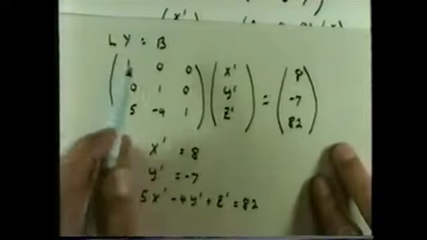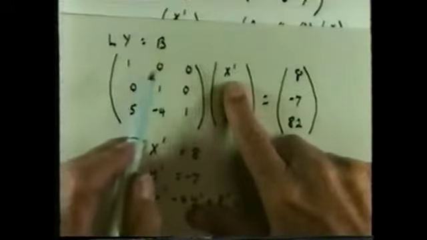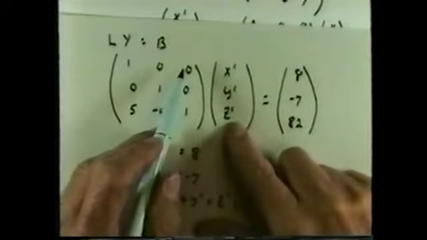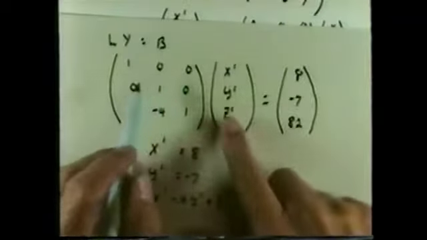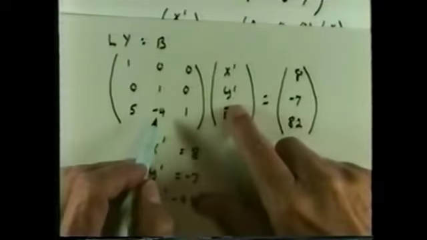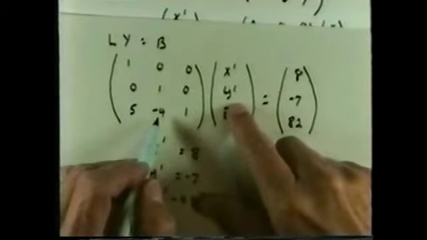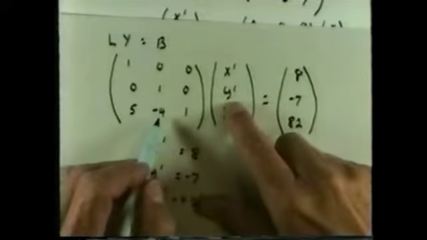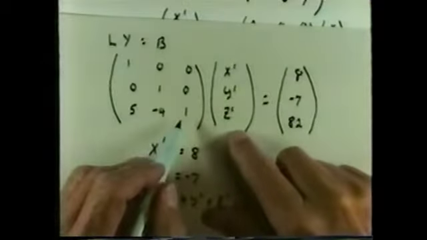See, that's just matrix multiplication. 1 times x prime plus 0 is equal to 8. 0 plus y prime plus 0 is equal to negative 7. 5x prime minus 4y prime plus z prime is equal to 82.